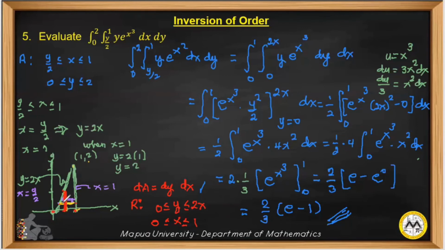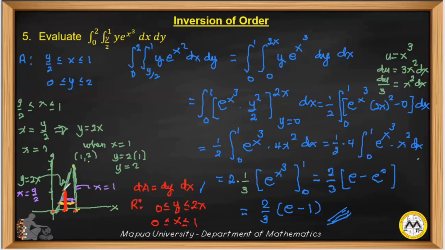Initially we had the differential of A equals dx dy. So we go horizontal first, x is equal to y over 2 to 1, and then y going from 0 to 2. But since it gives us difficulty, we now have the differential of A equals dy dx.